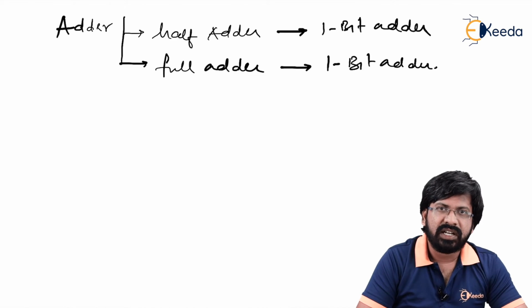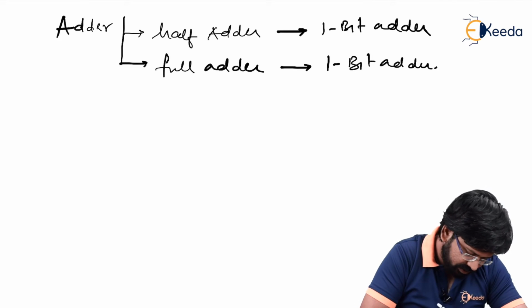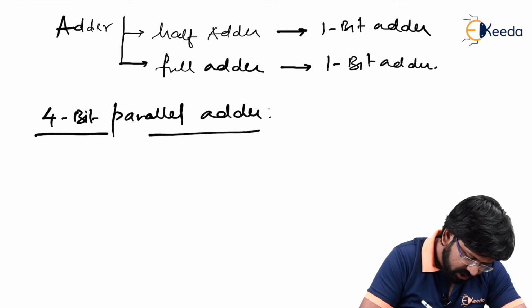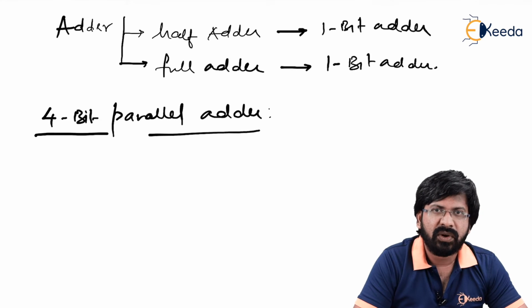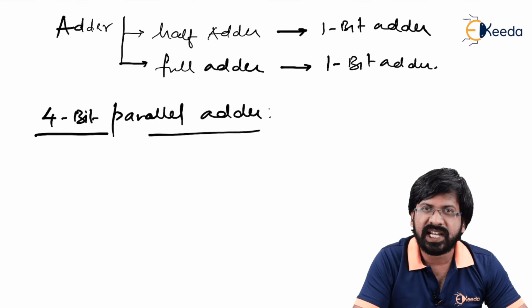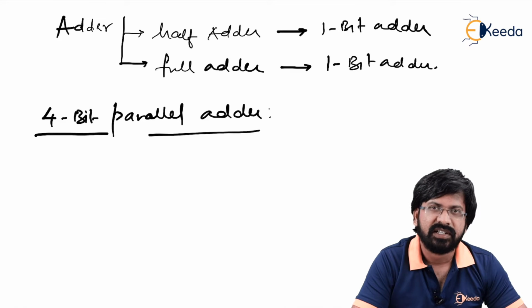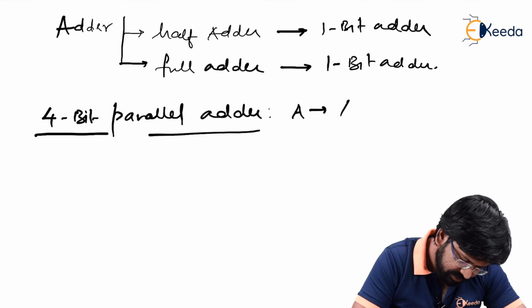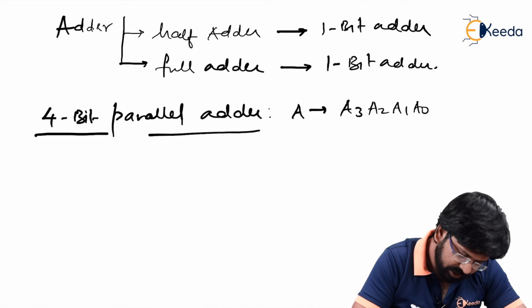So what we are learning here is 4-bit parallel adder. To understand 4-bit parallel adder, first of all, we should understand that since it is 4-bit, it means size of A and size of B along with size of sum will be 4-bit in size. That is, A will be considered as A3, A2, A1, A0, which is 4-bit.